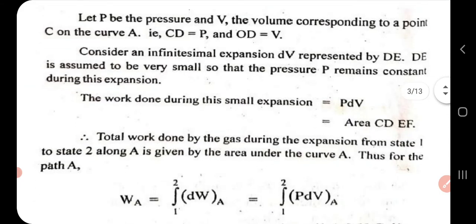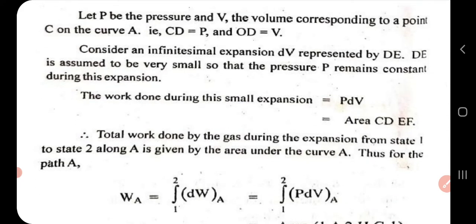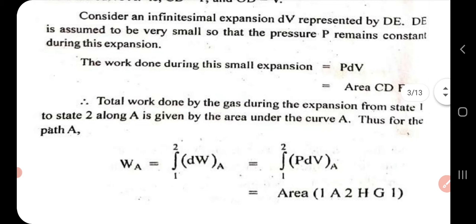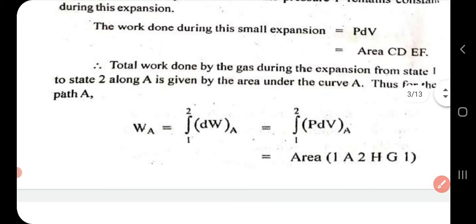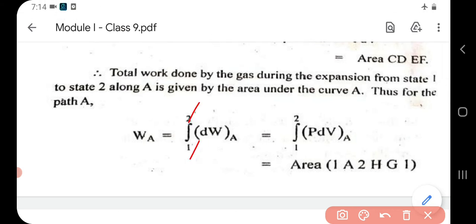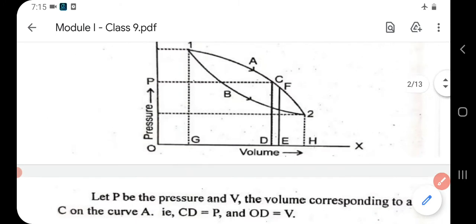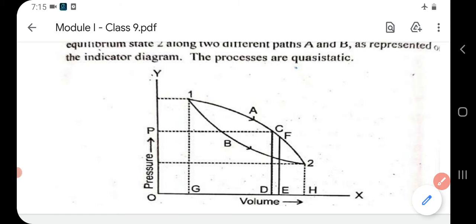Now the total work done by the gas during the expansion from state 1 to state 2 along path A will be represented as WA, which is equal to the small work done, dW, along the path A from the initial state 1 to the final state 2. So dW is PdV along the path A from initial state 1 to final state 2, and that is nothing but the area 1A2HG1.